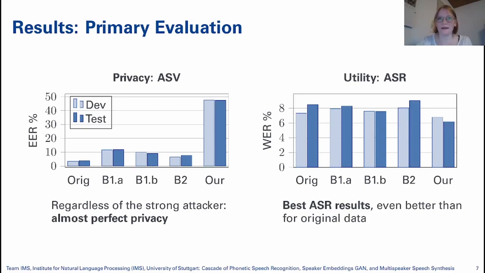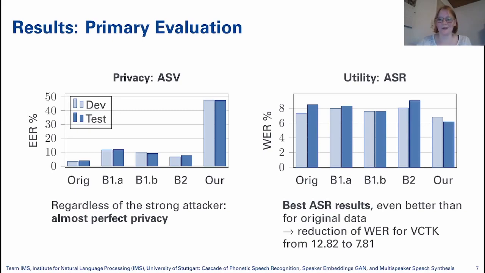The VCTK dataset is a challenging dataset because it contains different English accents, which is obviously problematic for speech recognition. But here we could actually, with our anonymization method, reduce the word error rate for the VCTK data from 12.8 to a 7.8 word error rate.